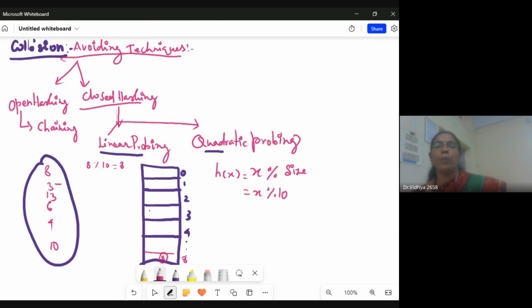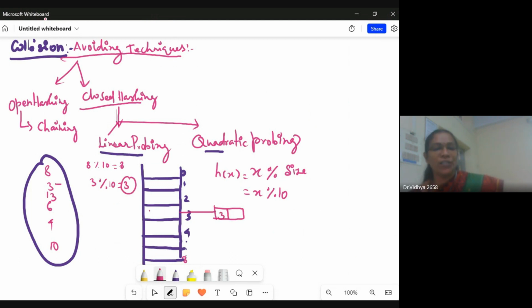One more important thing you please remember: here we are not placing the element at its respective location. Instead, we are creating some form called chaining. While coming to this element, 3 modulo division 10 is 3. So at index 3 we are creating another node where we will be placing the element 3. Please look at the board.